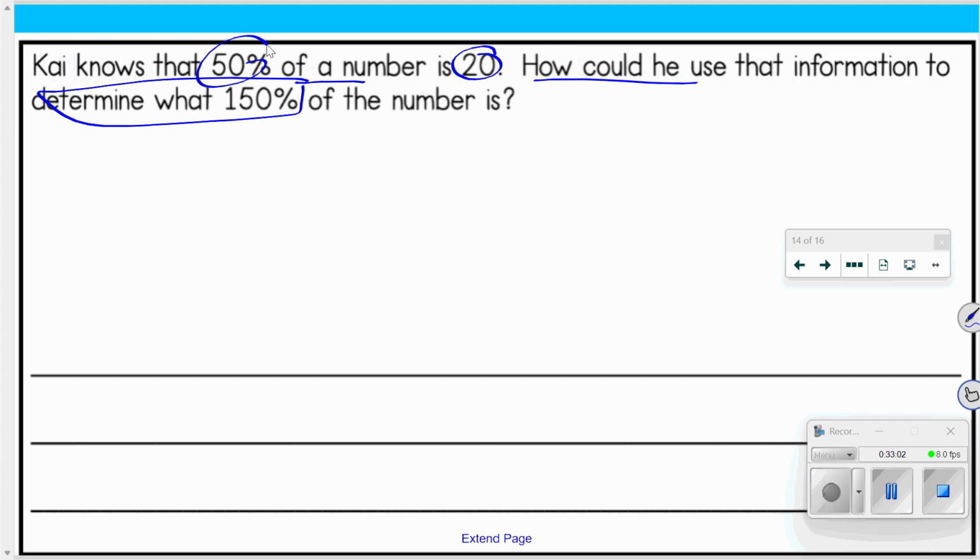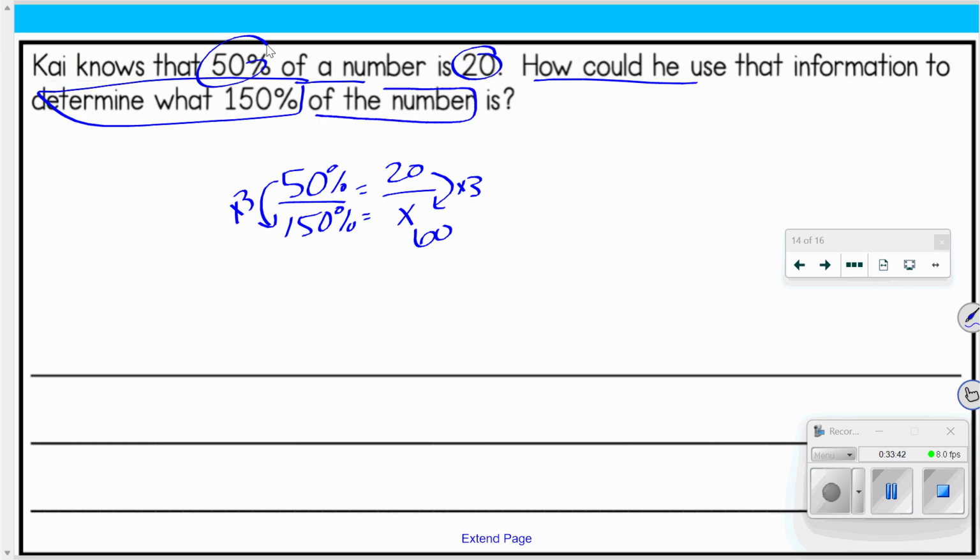Okay, so if you know that 50% of a number is 20, and it says determine what 150% of a number is, that's just times 3, then 50%. Right? And how did you go from the 50 to 150? Multiplying by 3. So what do I do to the 20? Multiply by 3. And what would that number be then? 60. 60. Here's the key.